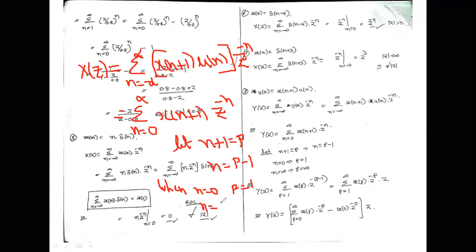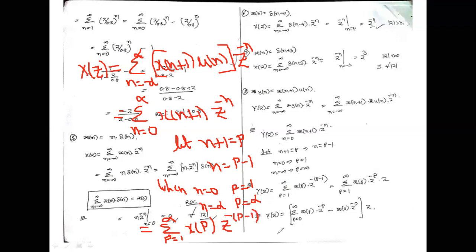When n is equal to infinity, p is equal to infinity plus 1, which is nothing but infinity only. Got it? So the function now changes in terms of p: the sum from p is equal to 1 to infinity of x of p and z power minus n, where n is nothing but p minus 1.